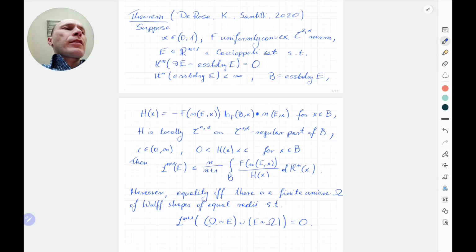We are starting with a Caccioppoli set which has this special property. This special property is needed because in the proof we are using Allard's regularity theory for codimension 1 anisotropic integrands from 1986, where he has to assume this because of the lack of the monotonicity formula. Of course, this assumption is true whenever you have a domain with Lipschitz boundary, say.